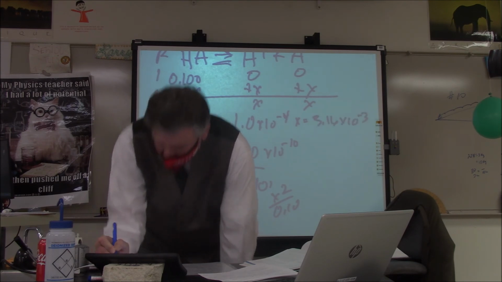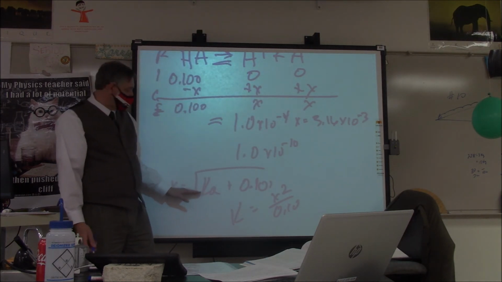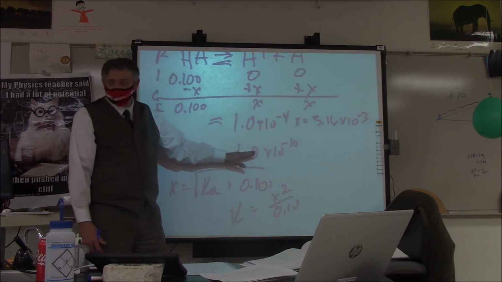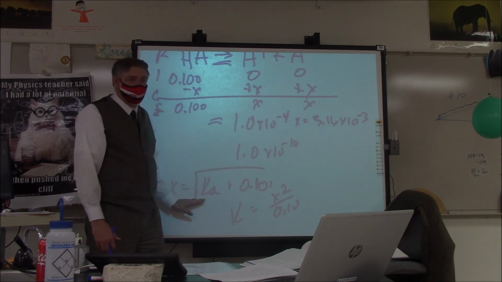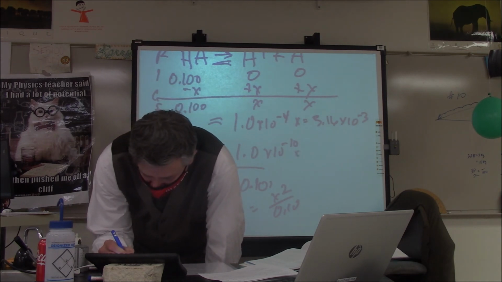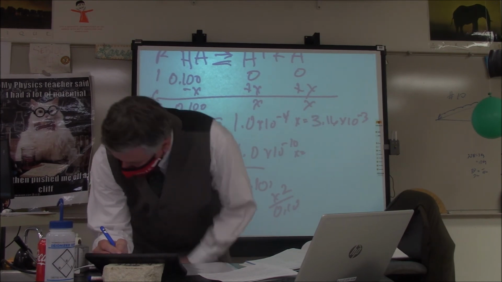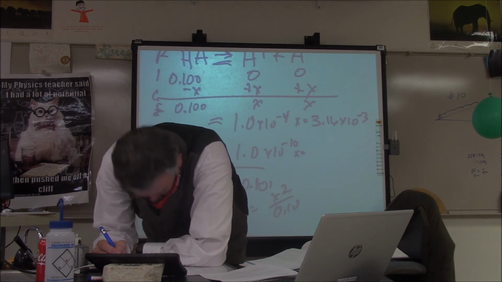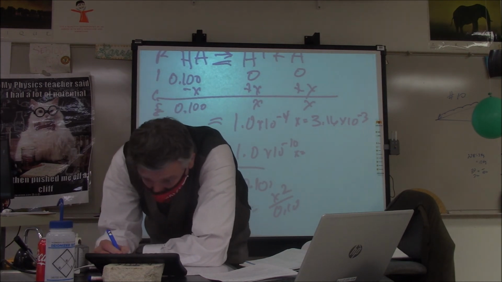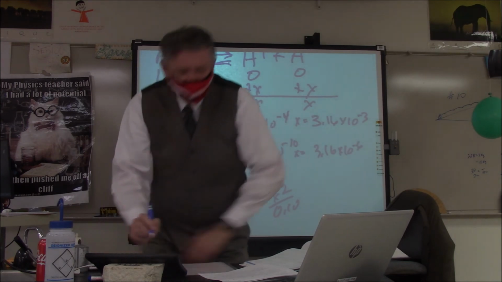Okay. Now, let's do that same thing for this one. Take 0.1 times 1 times 10 to the negative 10th, and then take the square root of that. I got 3.16 times 10 to the negative 6th.